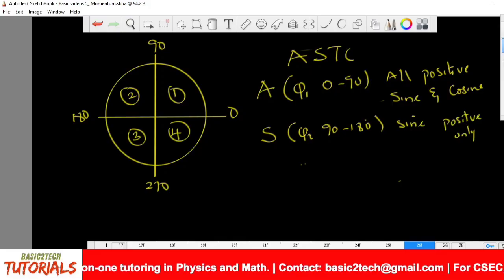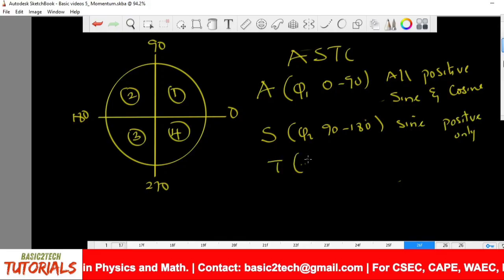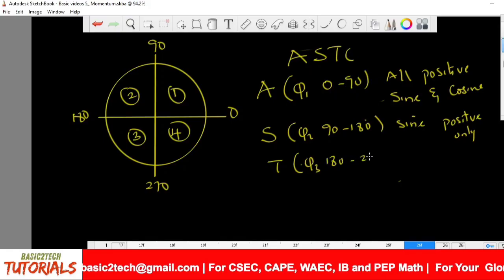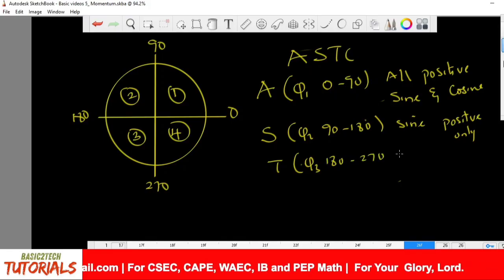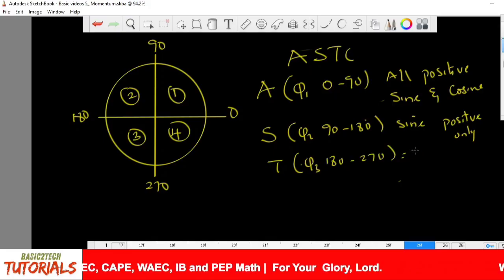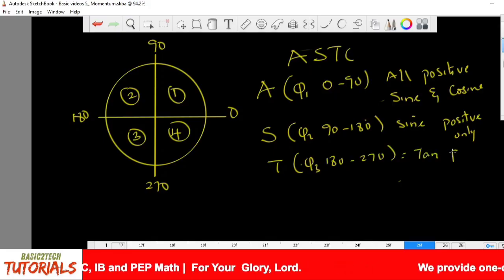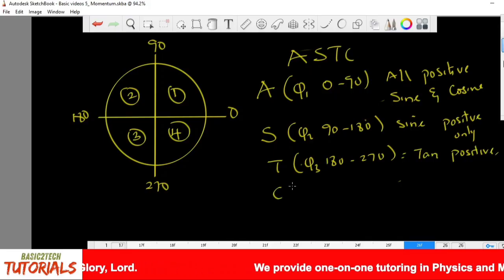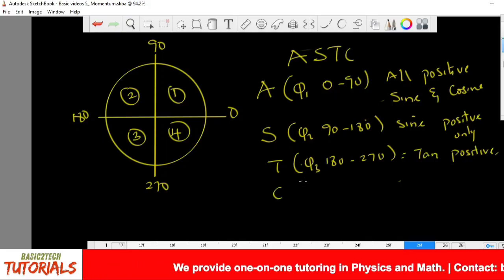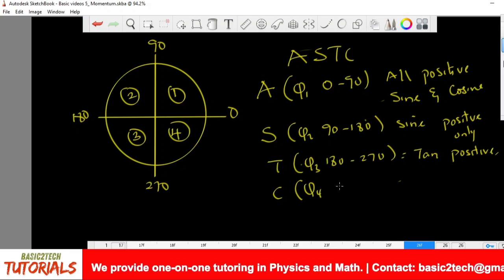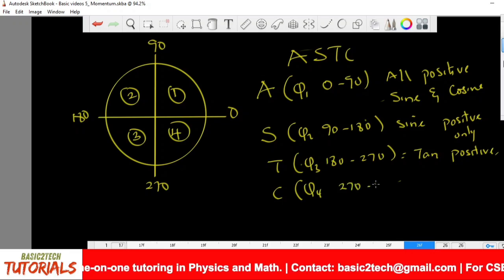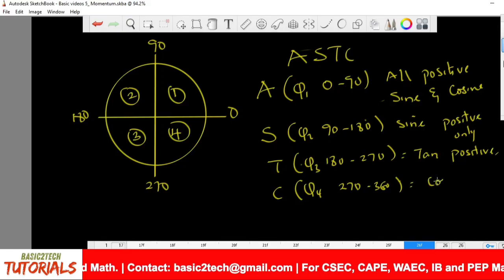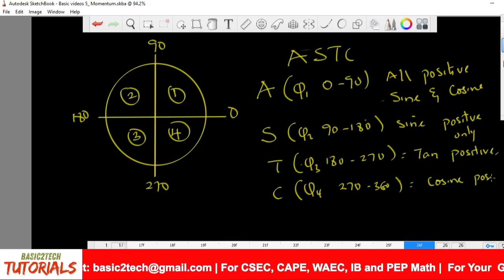The T is for the third quadrant, from 180 to 270. It says that tan is positive only, while the C, which is quadrant 4, from 270 to 360, says that only cosine is positive.